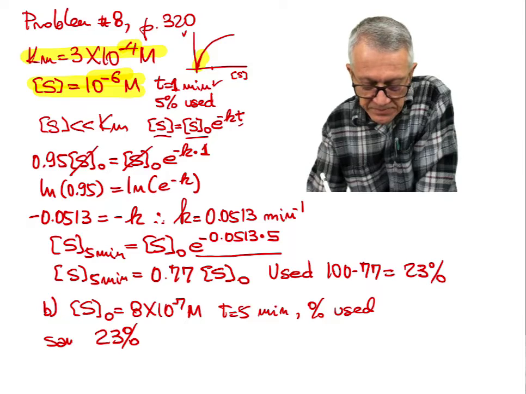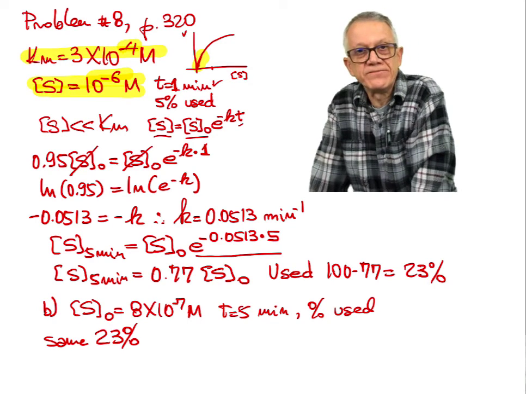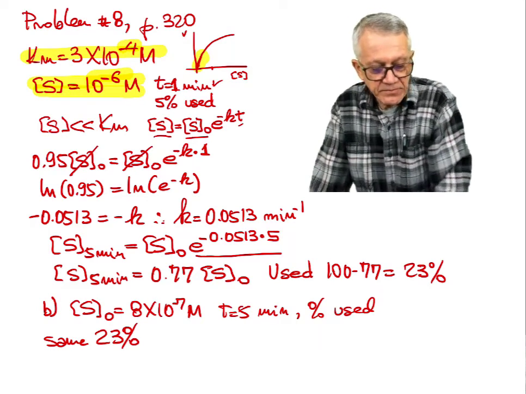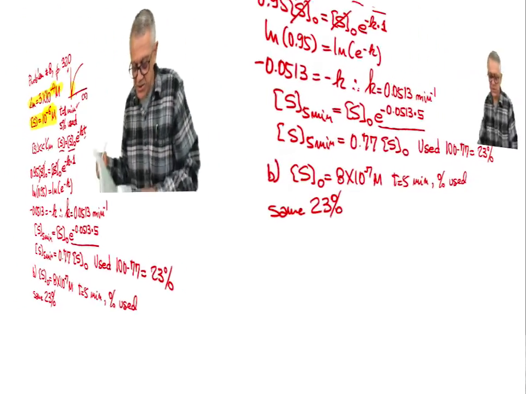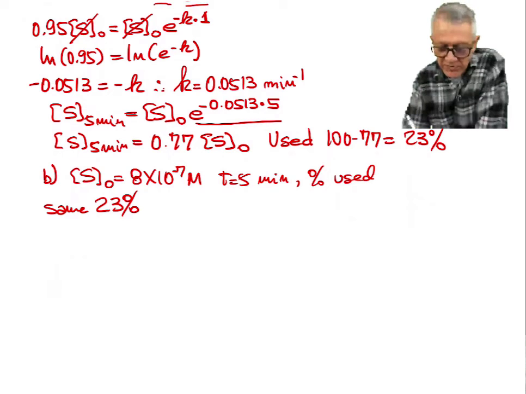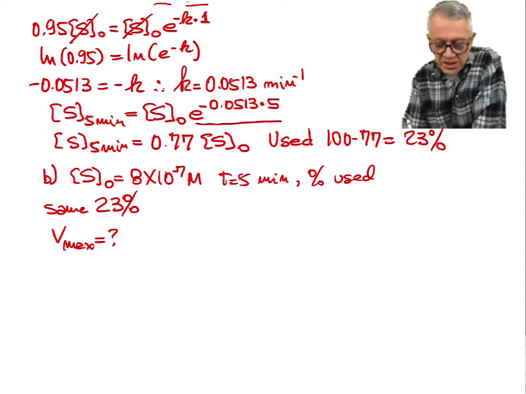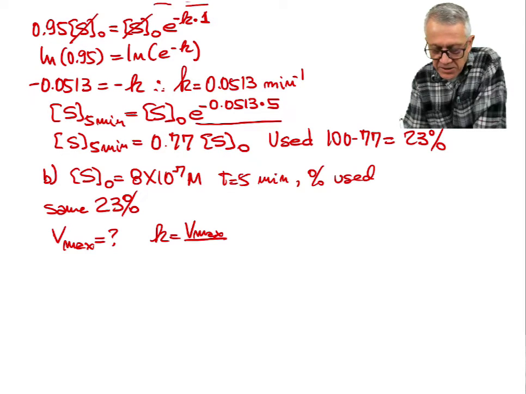Same 23%. All right? And letter C for this problem: calculate Vmax. So let's calculate Vmax now. How much is that? Since this is a first order reaction, we know that K equals Vmax over Km, right?